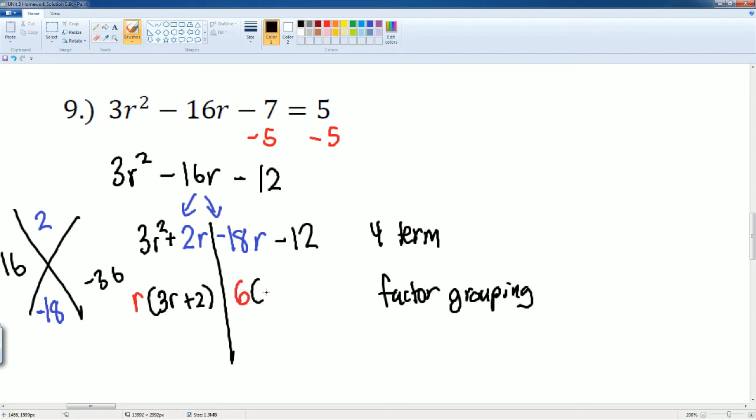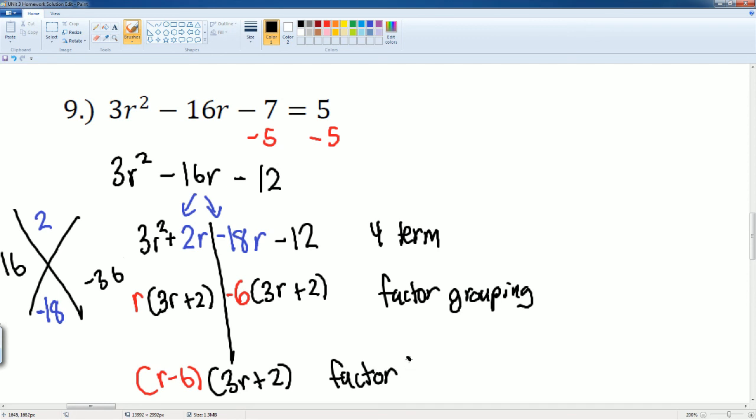Let's pull out negative 6. This leaves me with 3r plus 2. Perfect. So by grouping, my first one is r minus 6, and my second one is 3r plus 2. So this is now in factored form.